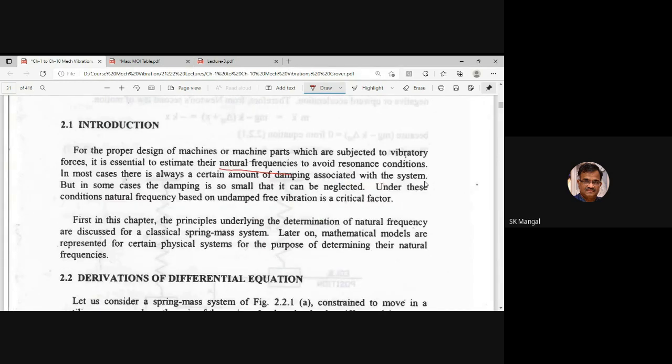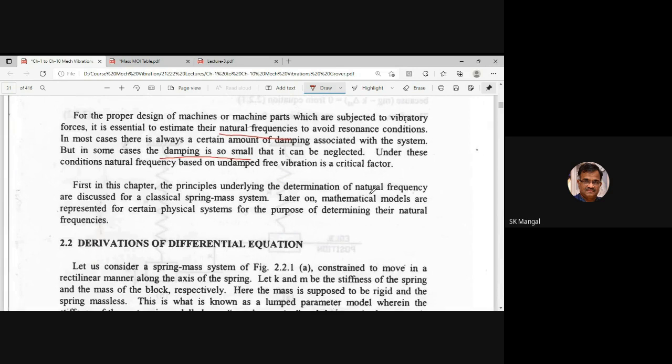In our cases, damping is sometimes so small that it can be neglected, and this is the ideal modeling of a machine tool. So in this chapter you will learn how to find the frequencies of the system, and we will start with the classical spring mass system.